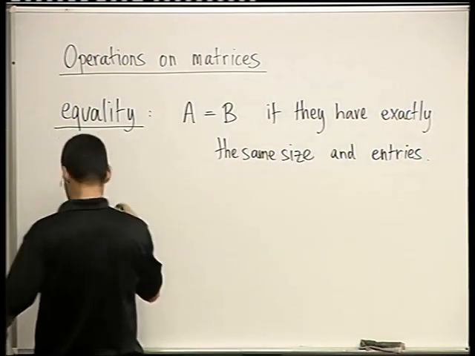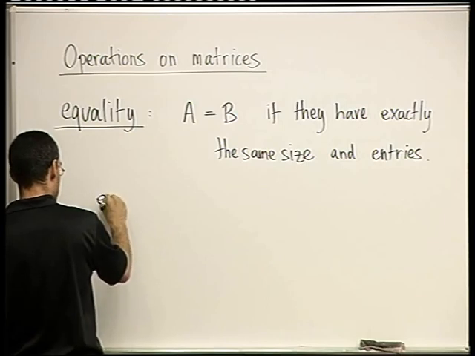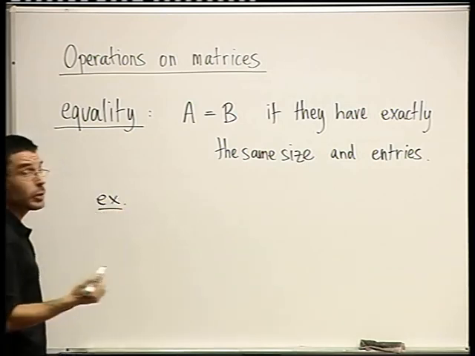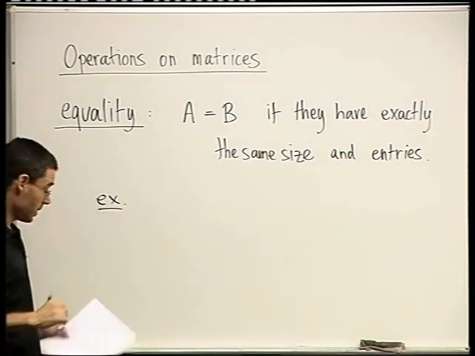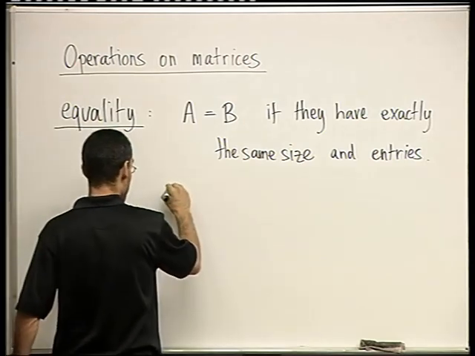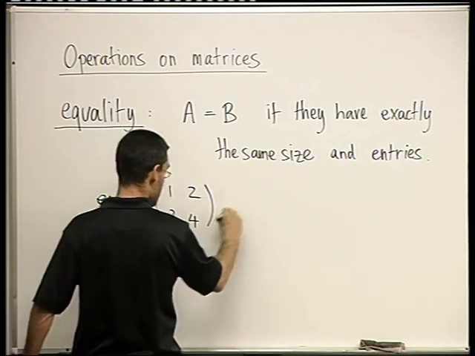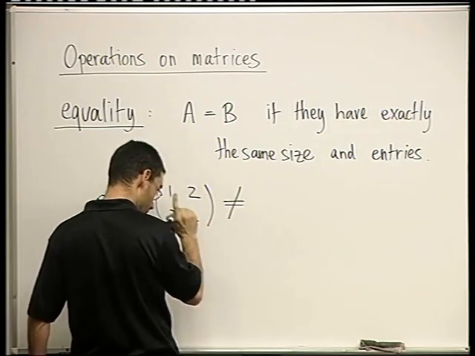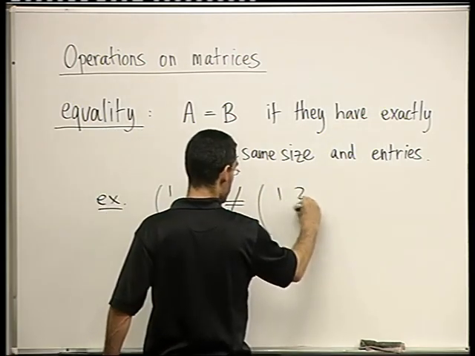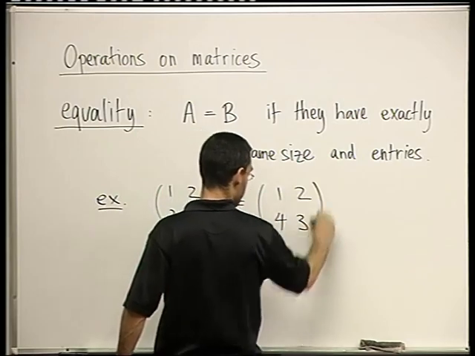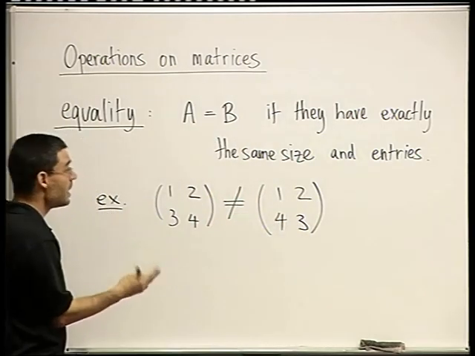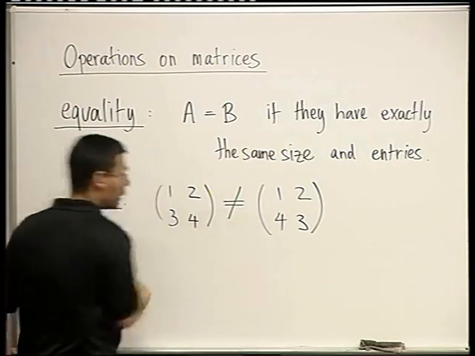So for example, I'm not going to write two matrices that are equal, because that would be writing the same matrix two times. But for example, 1, 2, 3, 4 is not the same as 1, 2, 4, 3. They have the same size, they have the same entries, but in different locations.